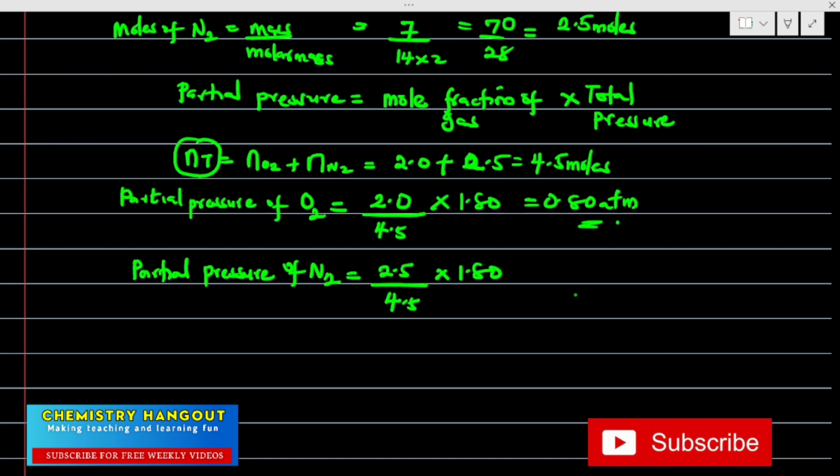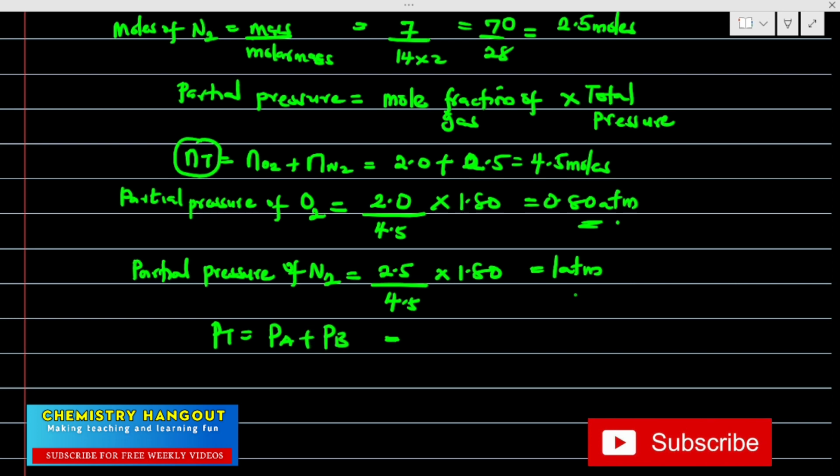That's if you are asked to calculate for nitrogen, but we are not asked. I'm just doing that for better understanding. So that will be divided by 4.5. Can you see that now? That's 1 atm. Look at that. Can you see something? 1 atm. And what is the law saying before? That total pressure will be pressure of A plus pressure of B.